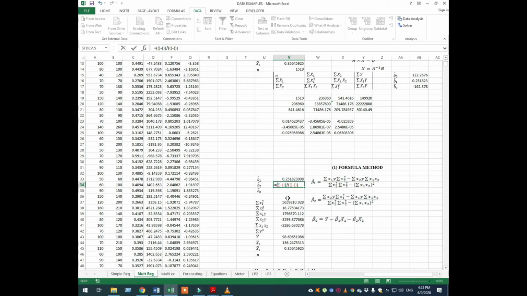So here summation x2y is this, multiplied by summation x1 square, and minus summation x1y multiplied by summation x1 and summation x2, divided by summation x1 square multiplied by summation x2 square, and minus summation x1 and x2 whole square.